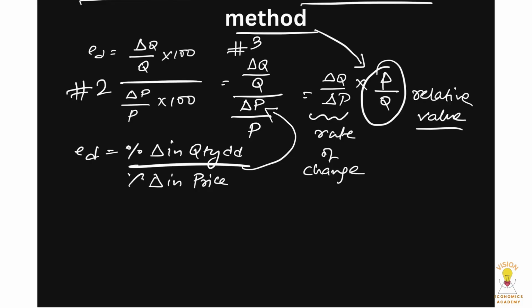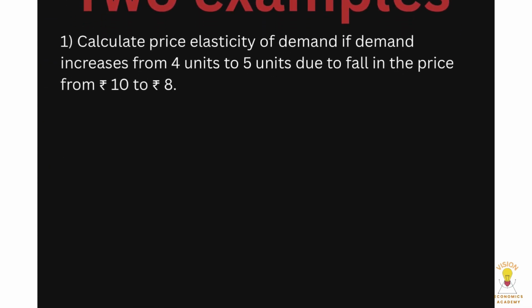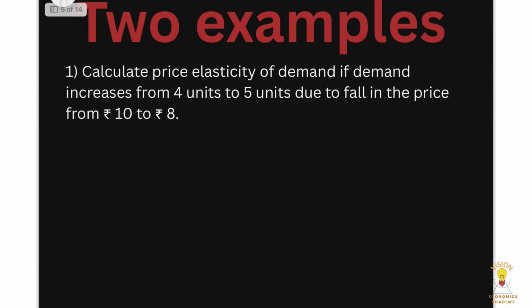It's your discretion. Now the first example says: calculate price elasticity of demand if demand increases from 4 to 5 units. The change in demand is Q1 minus Q, Q1 being the new and Q being the initial.